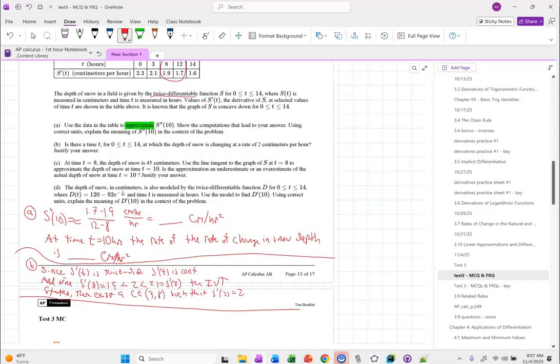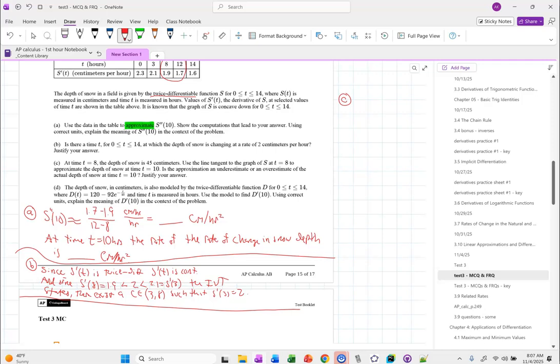Justify your answer. So here is something that's going to be new, at least a test 3 topic. It's not something that's prior learning. What are we really doing in part C here? It's asking us to do a linear approximation, right? That was the last topic we had talked about just ever so briefly last time.